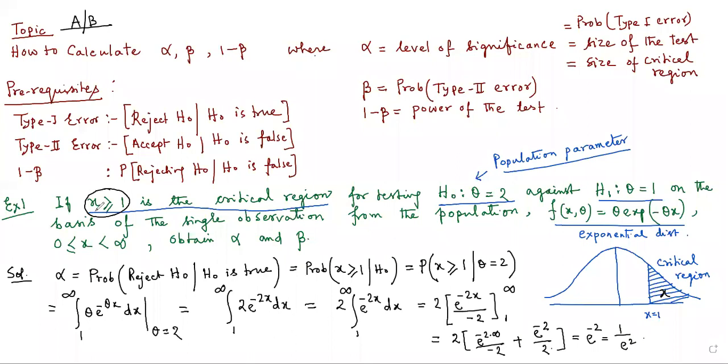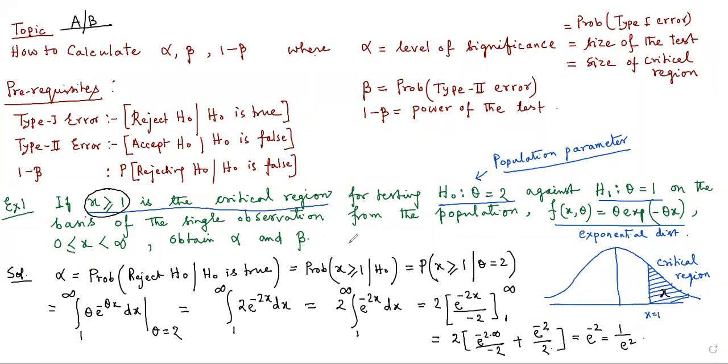Now, we reject the null hypothesis when data fall in the critical region. The critical region is defined here as the region depicted by x greater than or equal to 1. So this becomes finding the probability that x is greater than or equal to 1, given that the null hypothesis is true. But what is the null hypothesis? It is theta equal to 2.